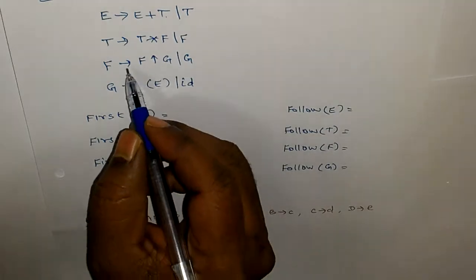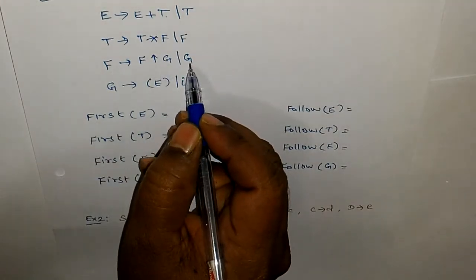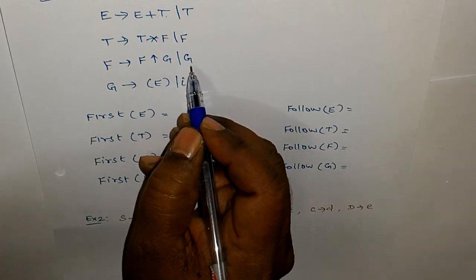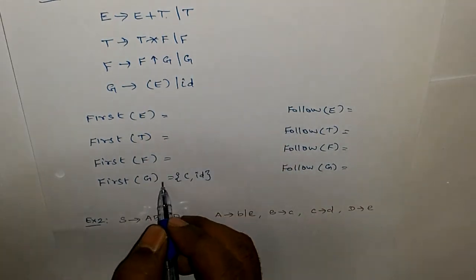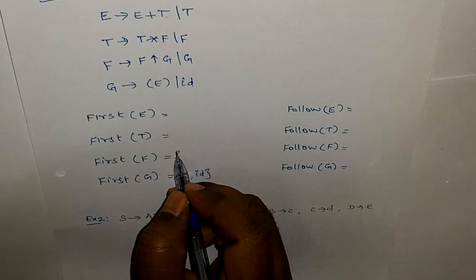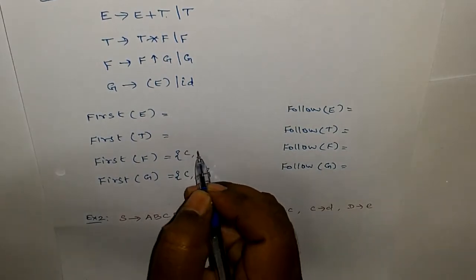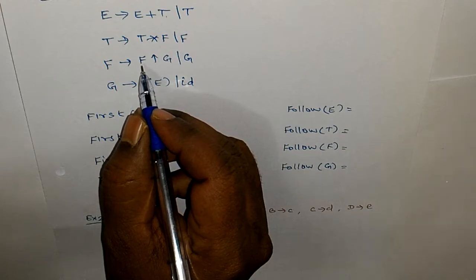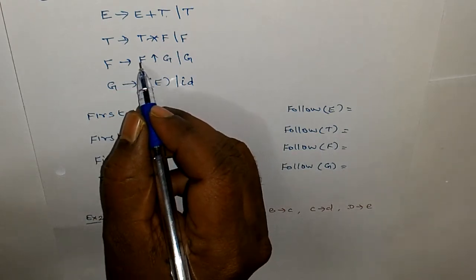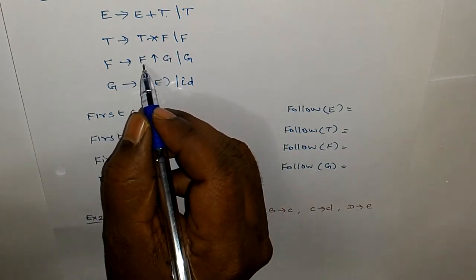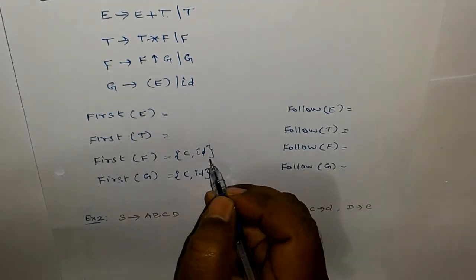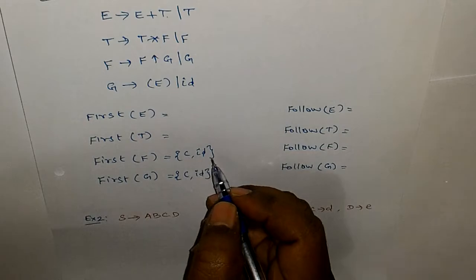So here F produces G, it is a variable, so we have to find out the first of G. Already we know the first of G, so we can use that first of G. In this production, F is the first symbol, so first of F is non-terminal same F, so first of F is this thing, so duplicate is not needed, so no need to mention that.